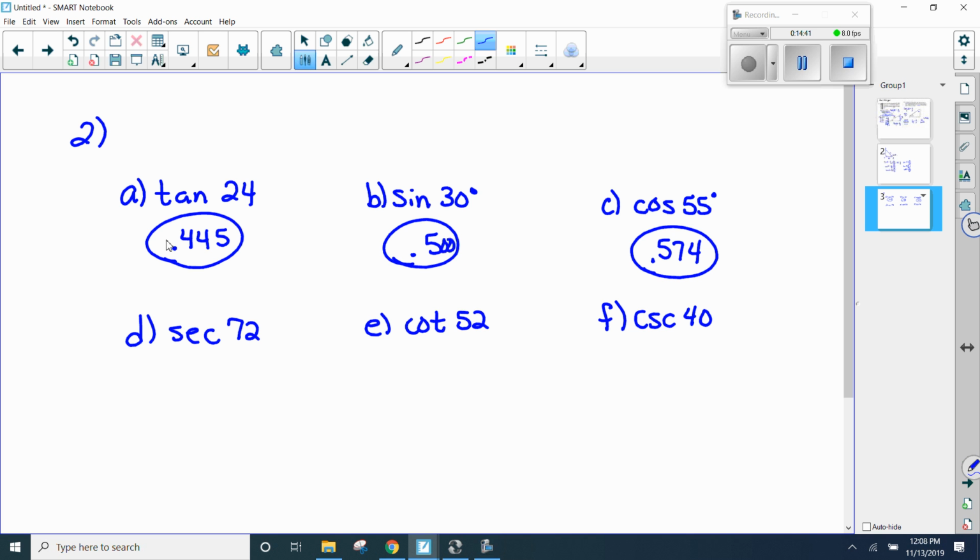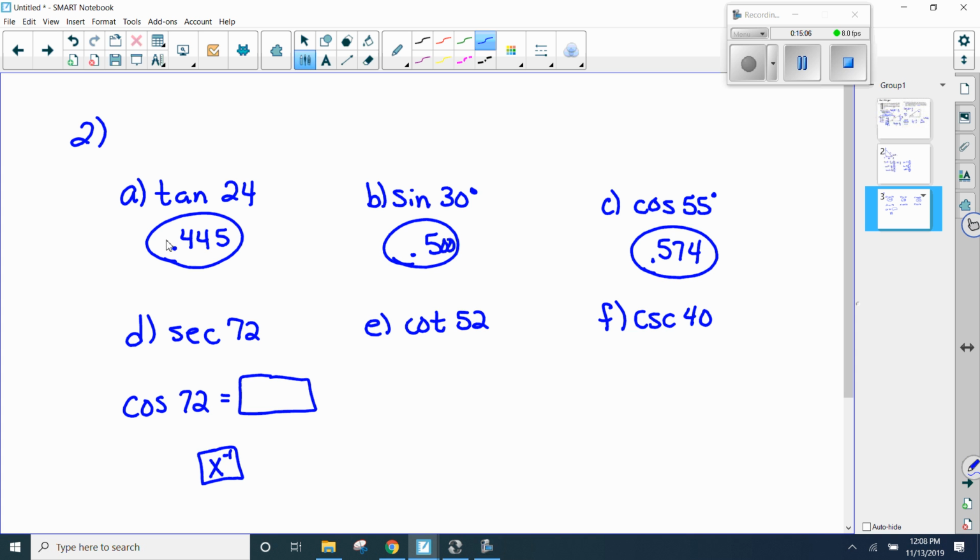Secant of 72. Here's what you're going to have to do. You're going to have to type in the cosine. Secant is the reciprocal of cosine, right? So you have to type in the cosine of 72, and then you're going to get an answer on your calculator. I don't know what that calculator value is. But the next thing you're going to have to do is find that key that looks like what?